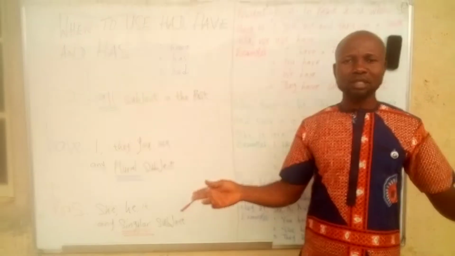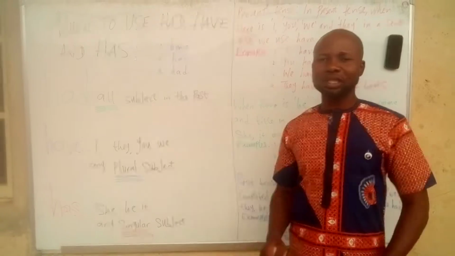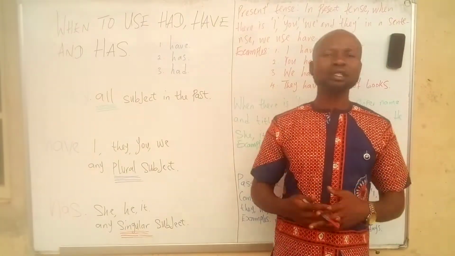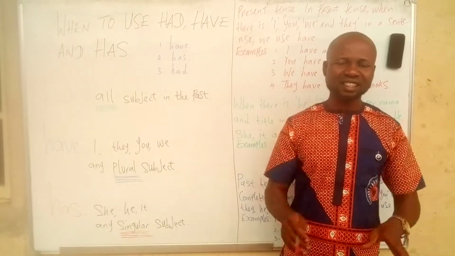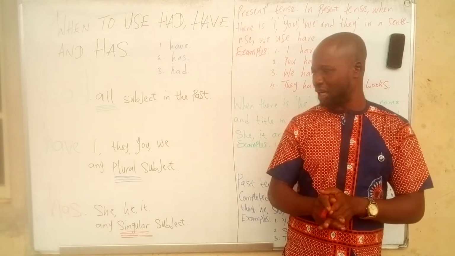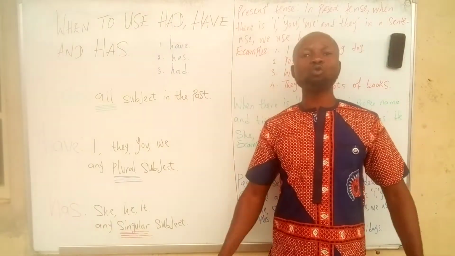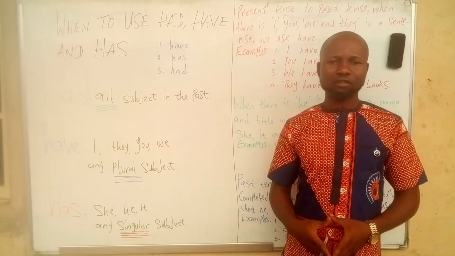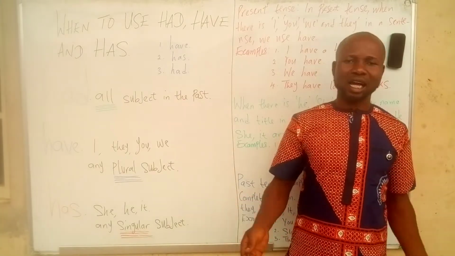We, two and above. Therefore, any plural subject, and subject simply means the doer of an action in a sentence, we use have. For example, we have 3 mangoes. We have 5 houses. They have 2 cars.